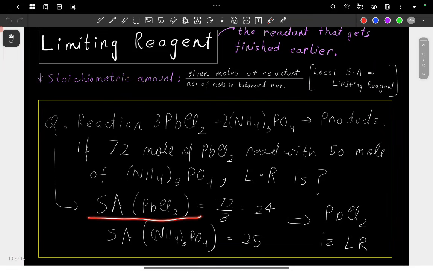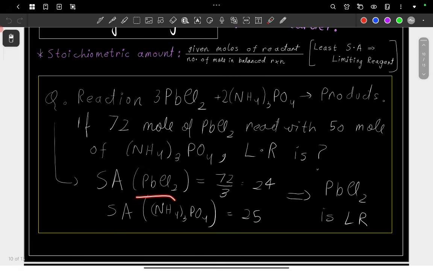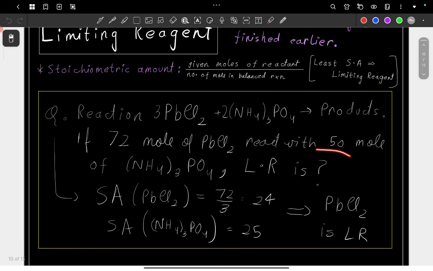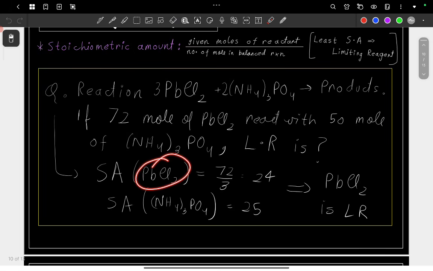The stoichiometric amount of PbCl2 is given moles upon number of moles in balanced reaction. The stoichiometric amount of ammonium phosphate is given moles upon number of moles in balanced reaction. So if we compare 72 by 3, which comes out to be 24, and 50 upon 2, which comes out to be 25, we can see that lead chloride has the least stoichiometric amount among the two, and hence it is the limiting reagent.